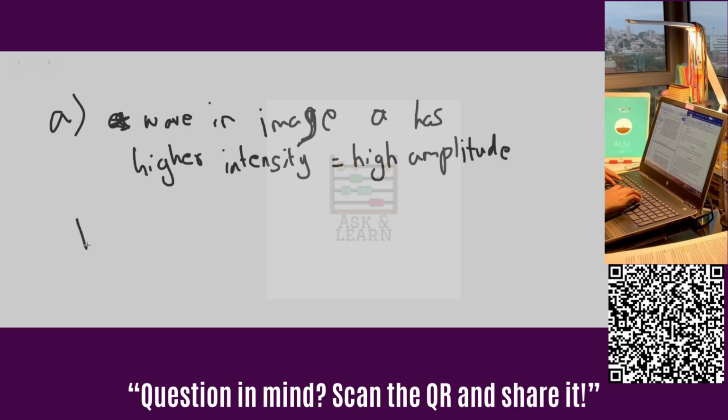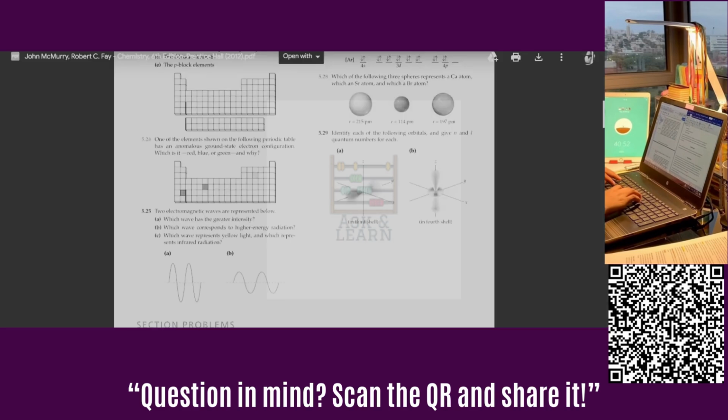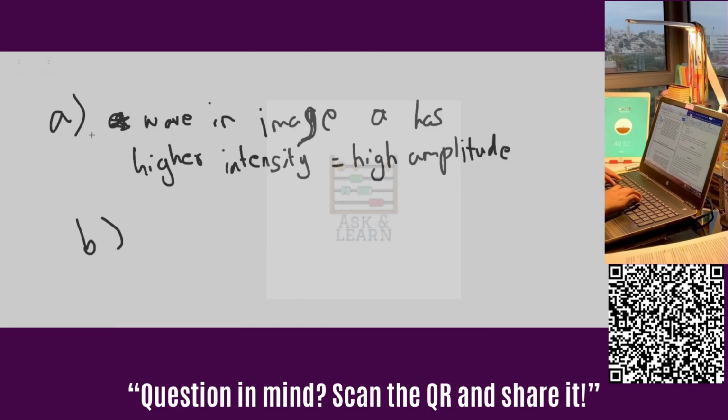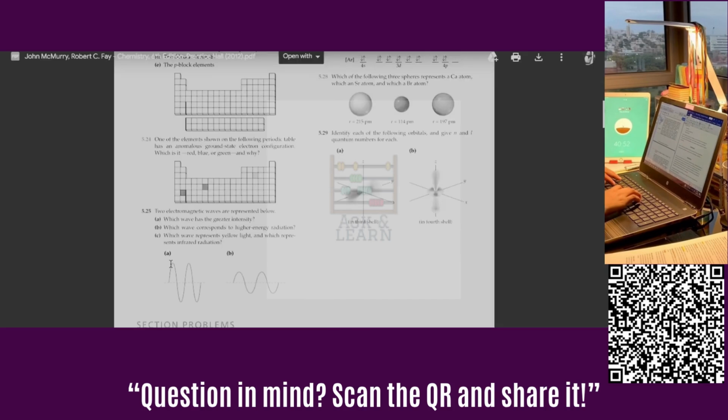All right, let's look at B. Which one has higher energy radiation? Again, that has to do with frequency and wavelength. Higher energy means higher frequency and lower wavelength. So I'm looking for the one with the shortest distance. Let's go back and look at the graph. Distance to distance here, distance to distance here. I can tell you that the distance in A is shorter.